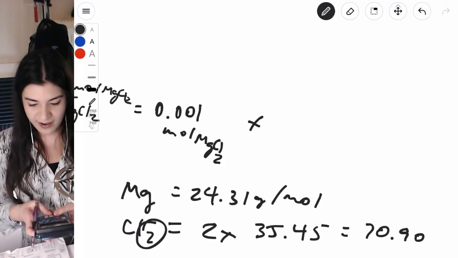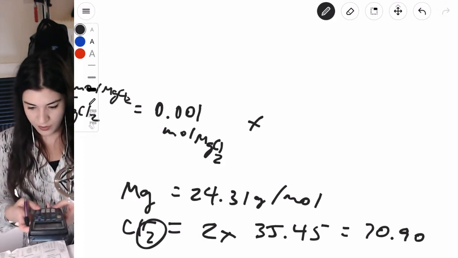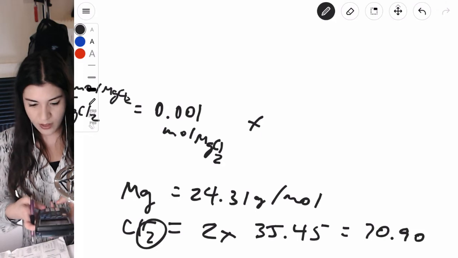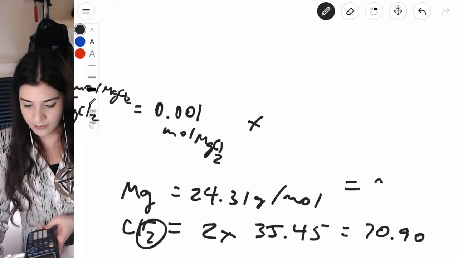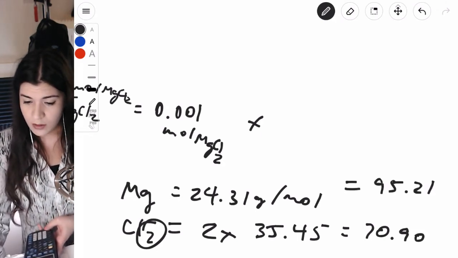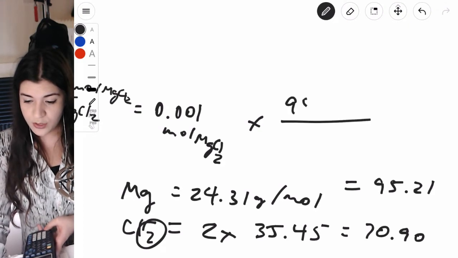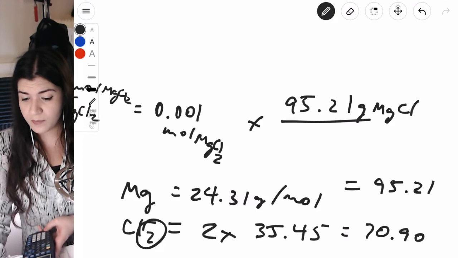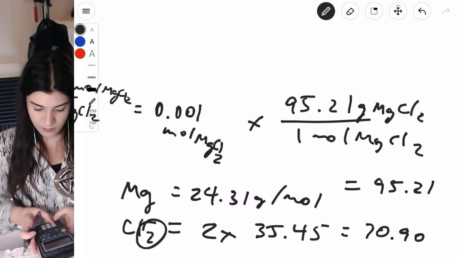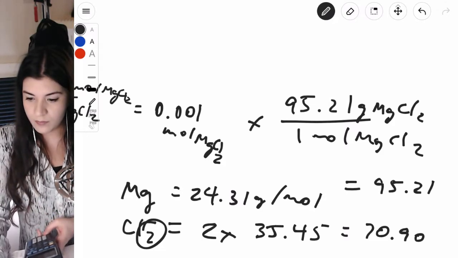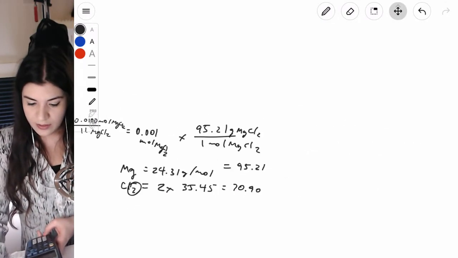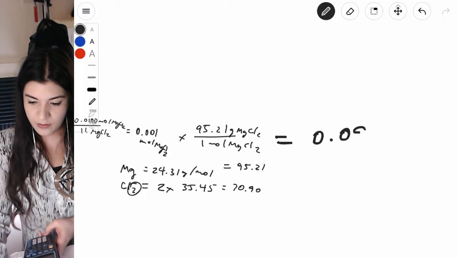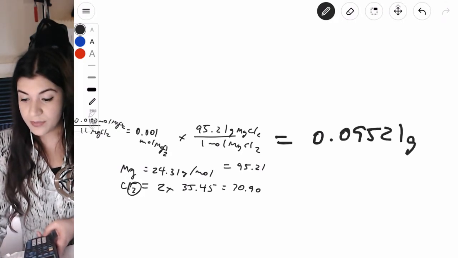So plus 24.31, 95.21, and then I'll multiply those 2 together, and that'll give me the grams of magnesium chloride. This is 1 mole. Okay, all right, and that would have been 0.09521 grams of magnesium chloride.